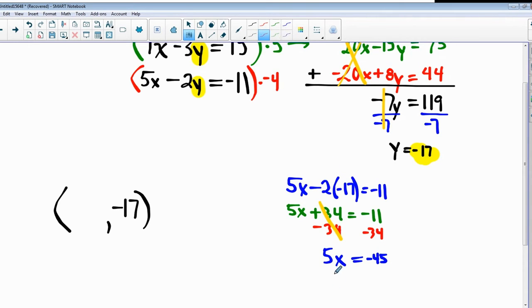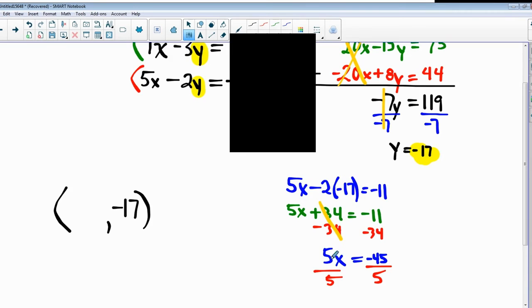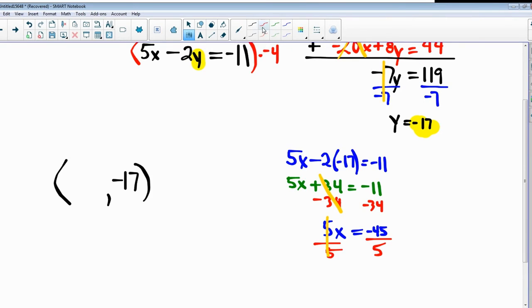And then we can divide both sides by 5. And x equals -9. So that is the x coordinate of our ordered pair here.